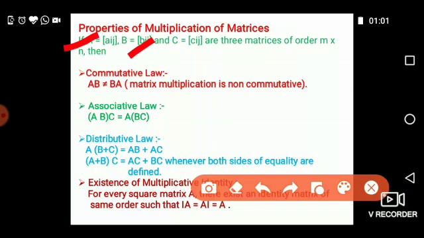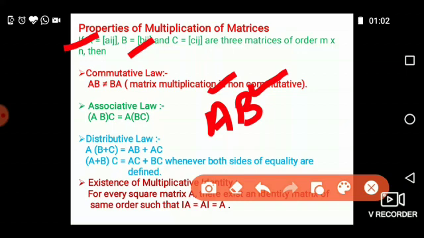You know how to find the matrix AB. We know if the columns of matrix A equal the rows of matrix B, then AB exists. Similarly, if the columns of matrix B equal the rows of matrix A, BA exists.